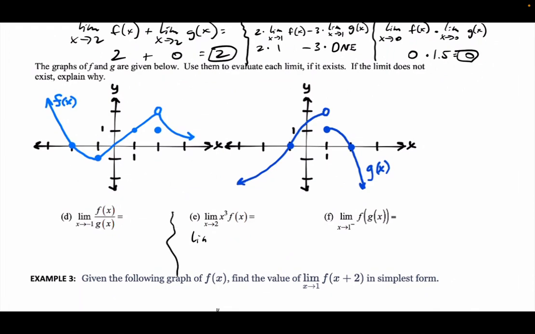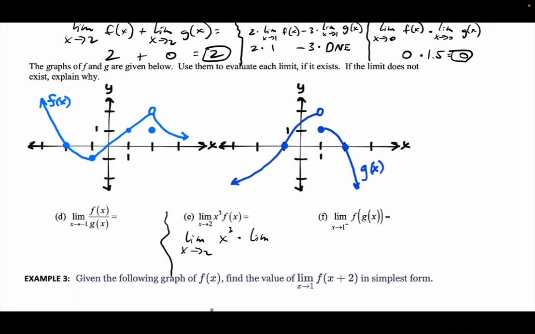It's the limit as x approaches 2 of x cubed times the limit as x approaches 2 for f of x. So what do we do if the bottom is 0? Do we just put D and E? Yeah, the bottom is 0, D and E.